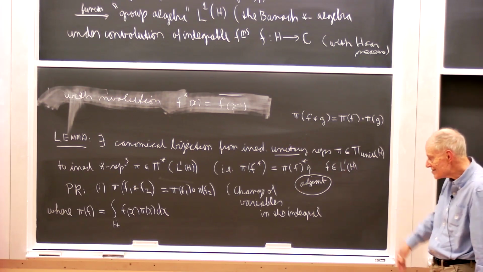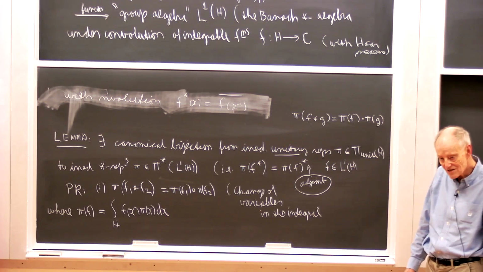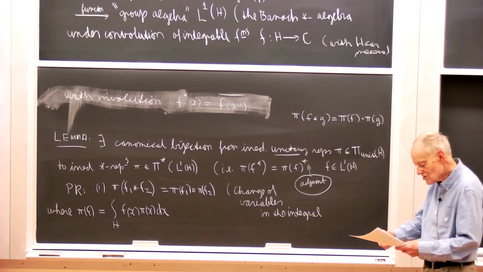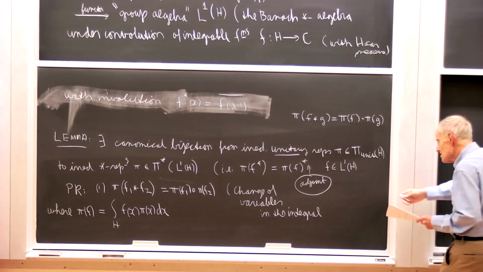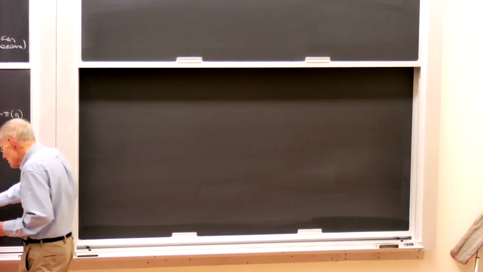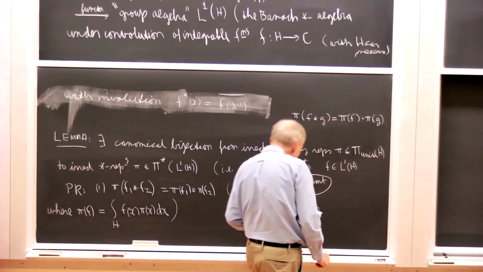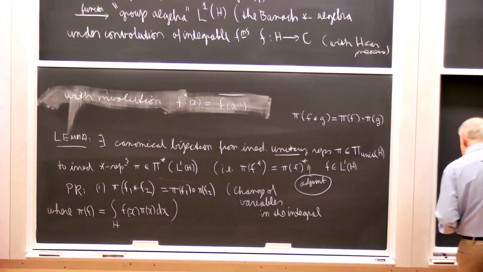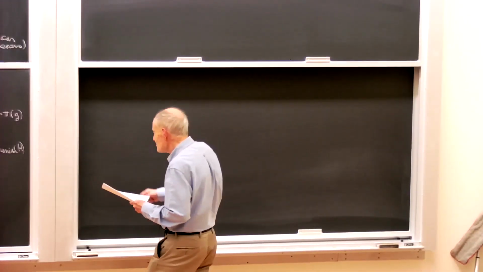Multiplicativity is under convolution, and unitary means star. And just to see that second point, this comes immediately from a change of variables in this integral. Perhaps you got to use the unimodularity of the Haar measure.